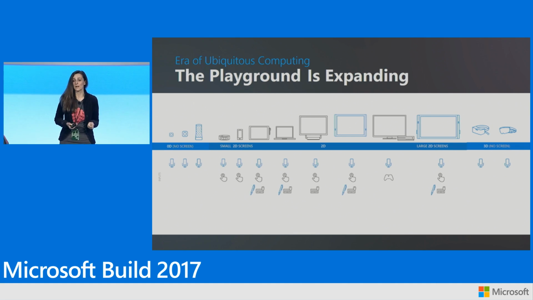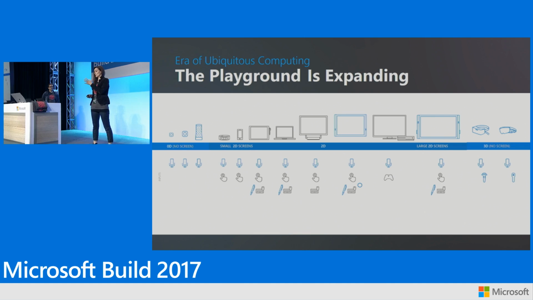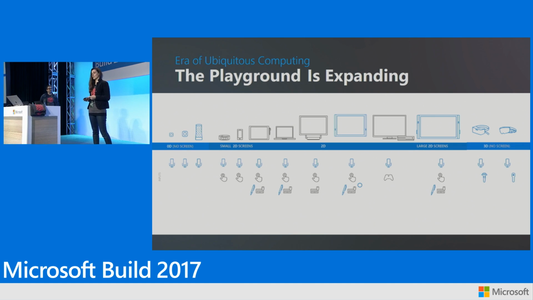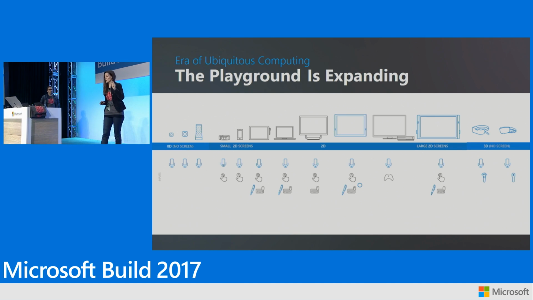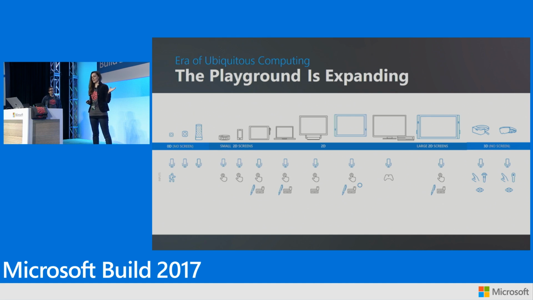You saw Joe speak this morning a little bit about the use of ink and the importance of that to Windows. We're seeing some new accessories like Dial for Surface Studio, and then on the holographic side, some new accessories that were even announced today. There's gesture and gaze on the holographic side, and then also presence as an interesting input on this playground.